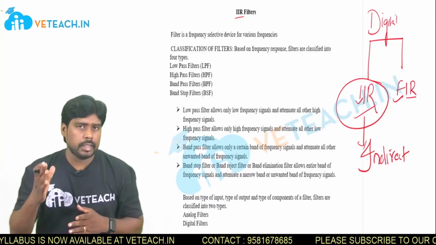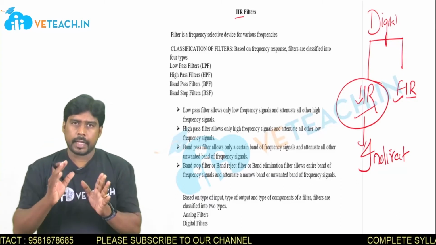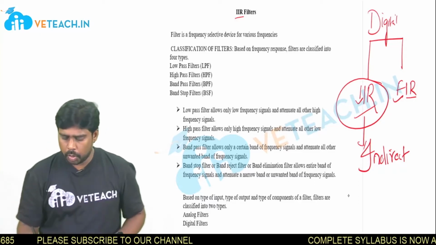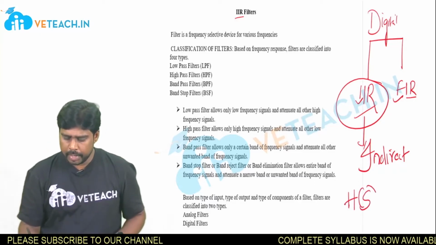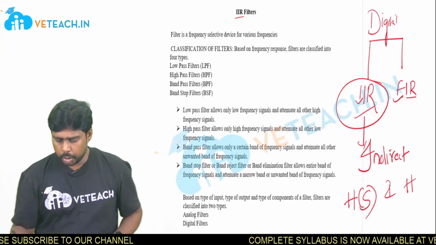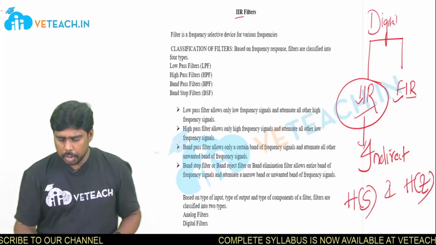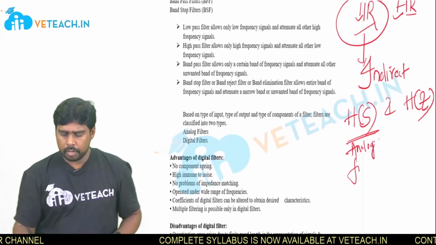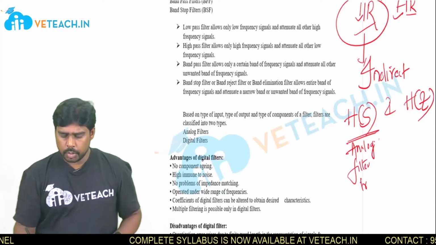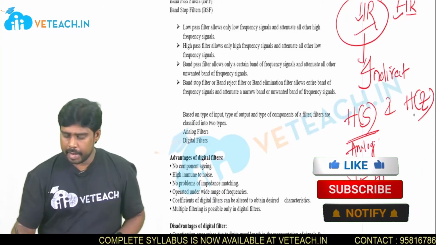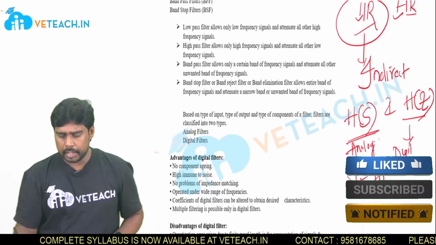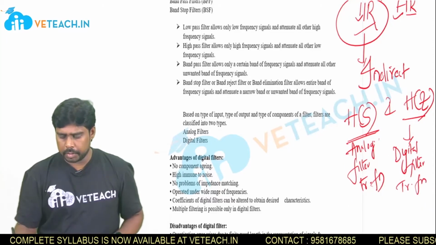Here you need to remember two notations, H of S and H of Z. H of S is the analog filter transfer function and H of Z is the digital filter transfer function.